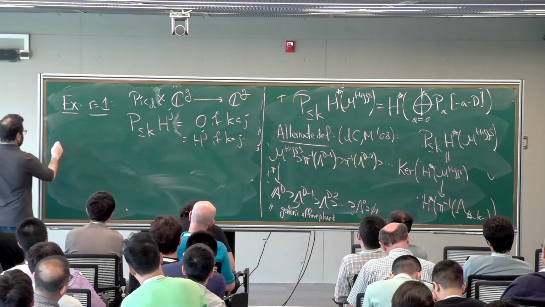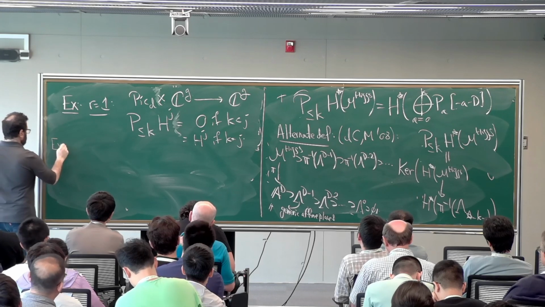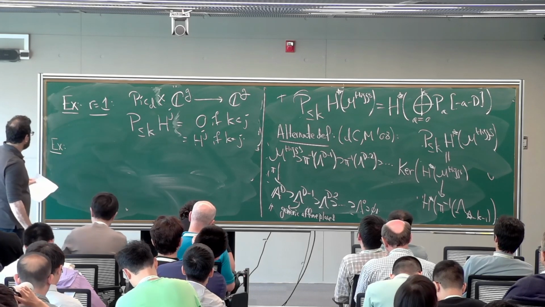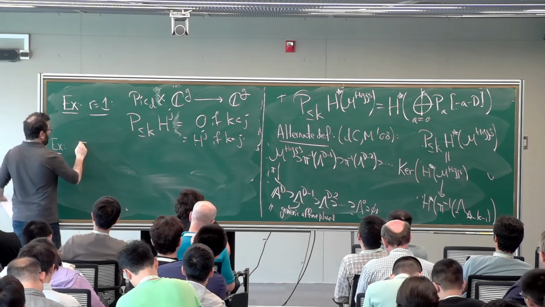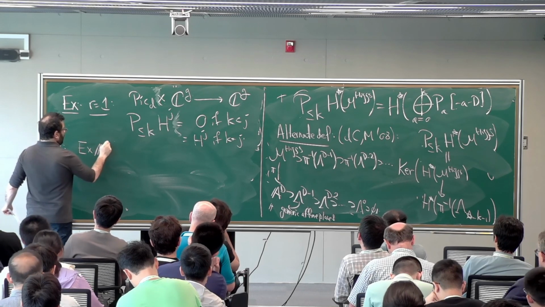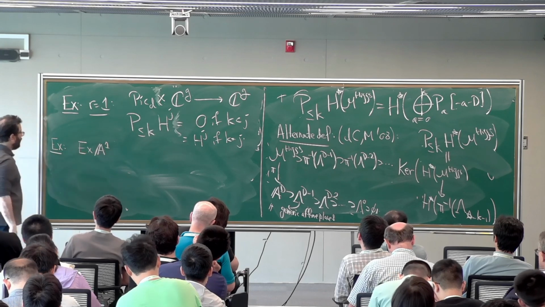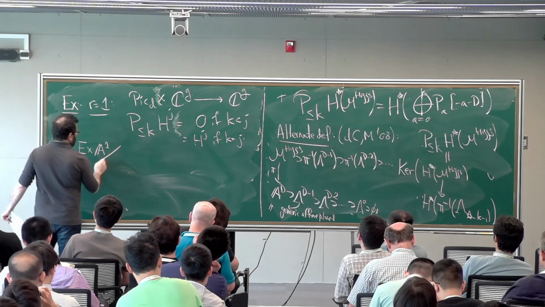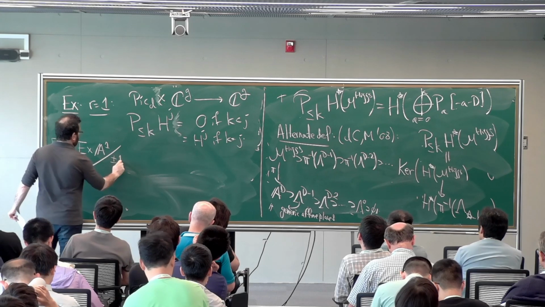Let's do a more interesting example. This comes from a certain rank 2 family, but I'll just tell you what the geometry looks like. I'm going to take an elliptic curve cross A1 and mod out by the action of plus or minus 1 on both factors.